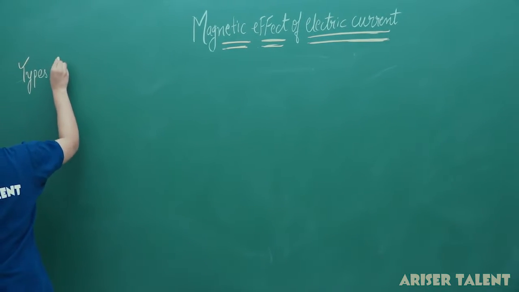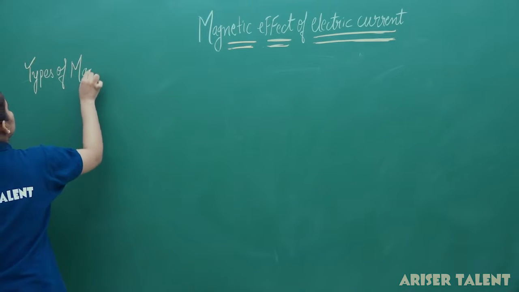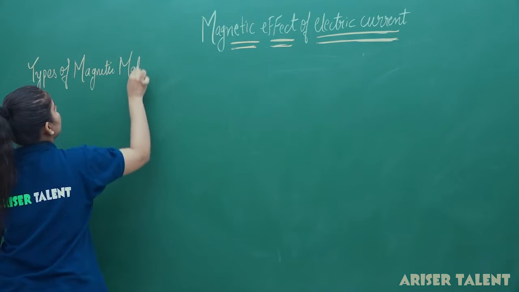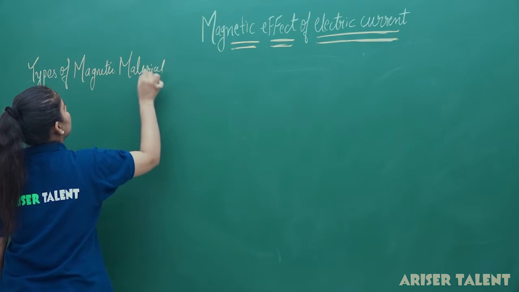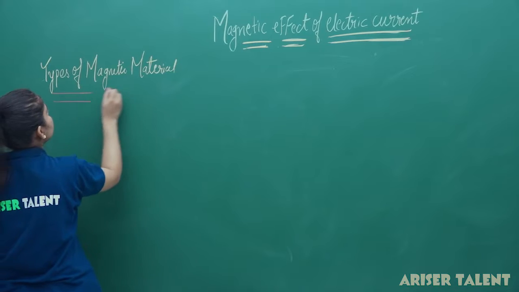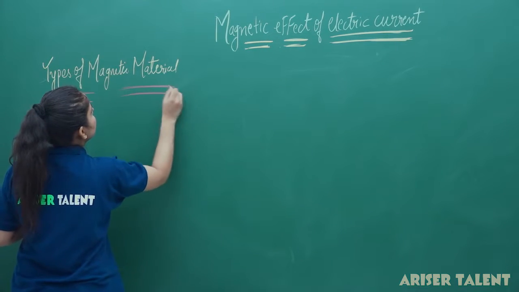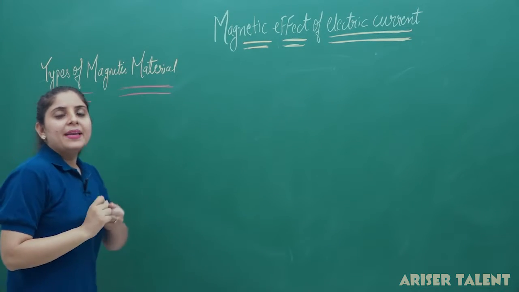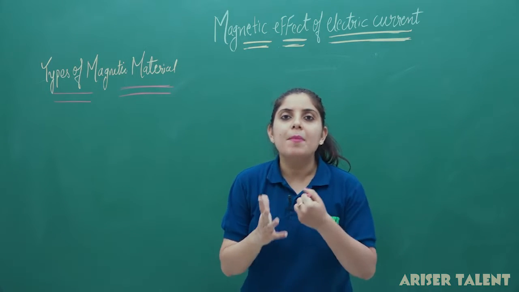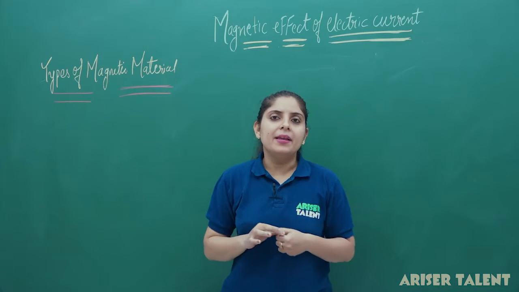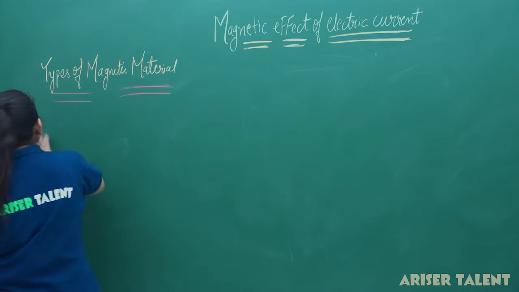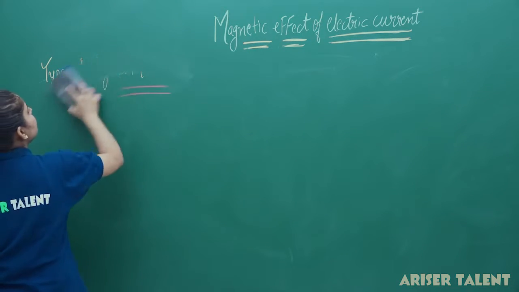So the next category is about types of magnetic material. Magnetic material is actually classified into two categories, that is magnetic and non-magnetic.